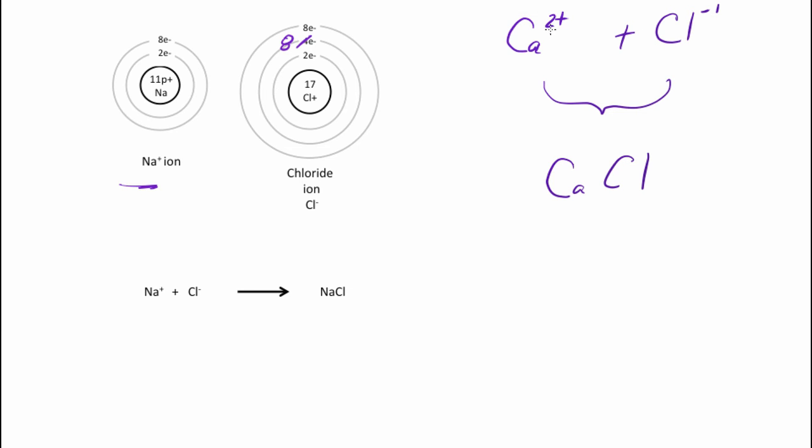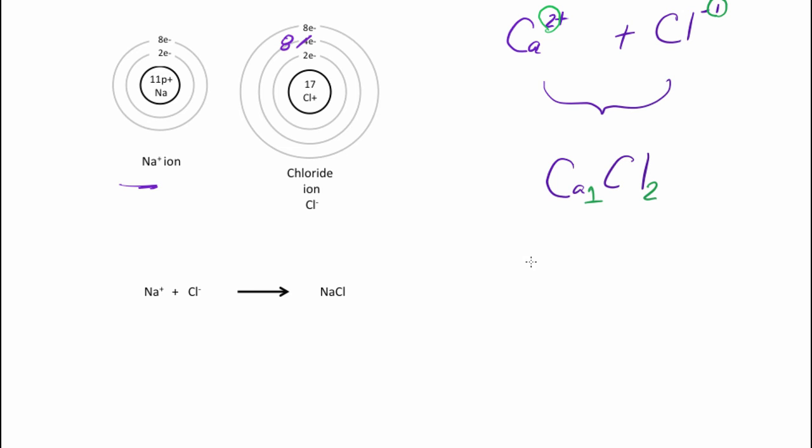The way to draw these is to take the number that's on the positive ion and write it as a subscript after the negative ion, and take the number that's on the negative ion and write that as a subscript for the positive ion. And let me show you what this does.